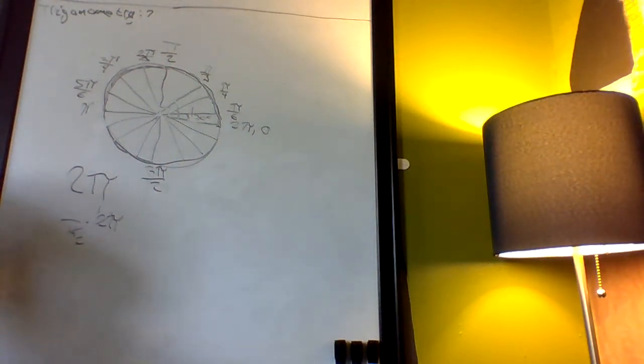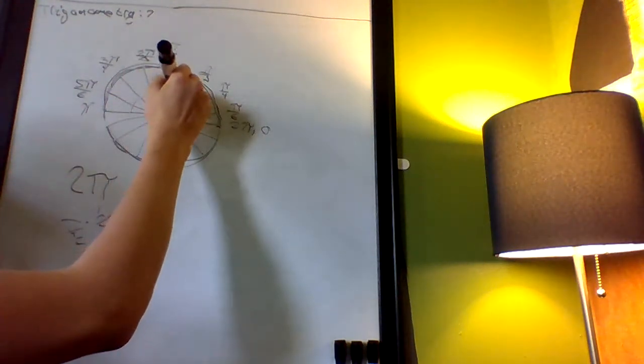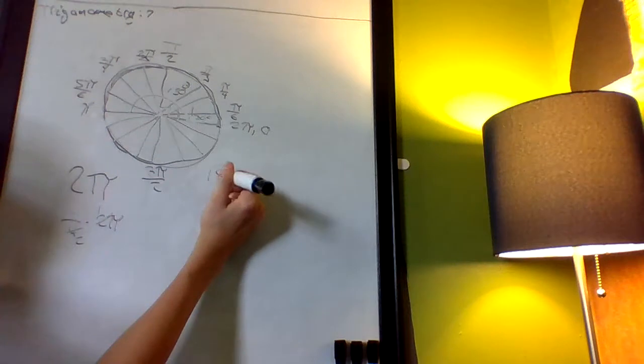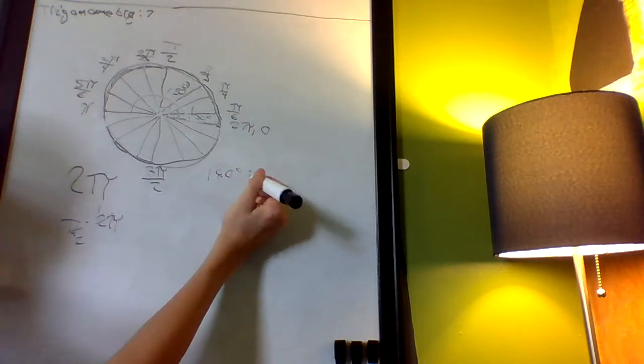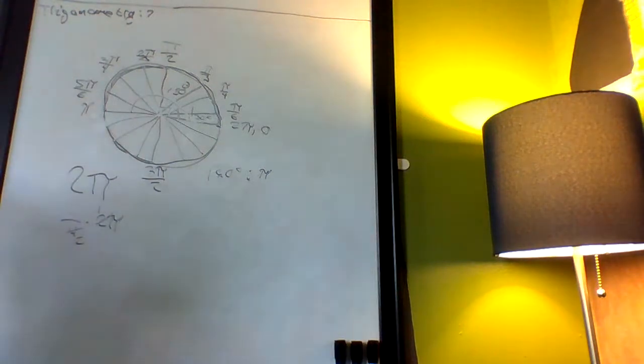Then there's 90 degrees, then 120 degrees, and it keeps going all the way around the circle. This distance right here is going to be 180 degrees, which corresponds with a distance of pi. It's a ratio of pi to 180 degrees.